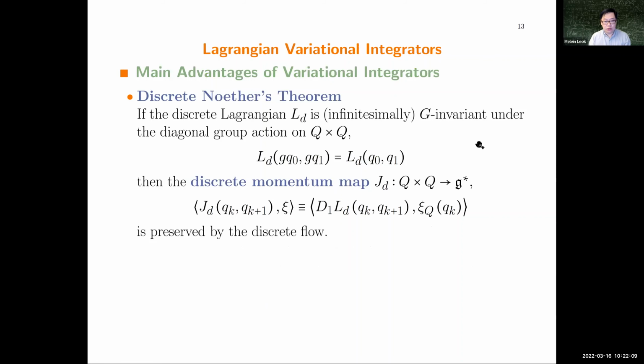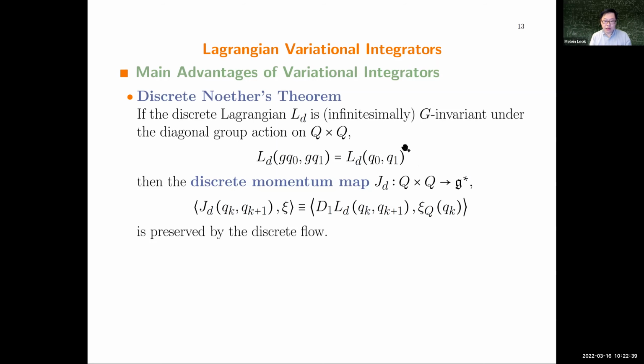So there's this object we call the discrete Lagrangian, and it's encoding the dynamics in some discrete sense. Then you can ask, can I say something about the properties of the numerical method by analyzing properties of this discrete Lagrangian? It turns out that you can. One way is to ask what happens if I take this discrete Lagrangian for a pair of points and rotate both points by the same rotation matrix.